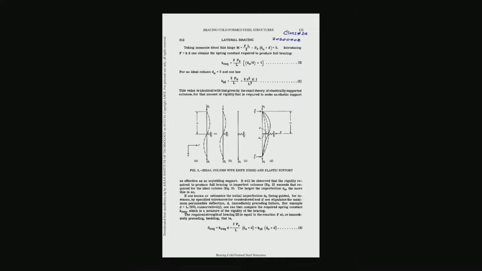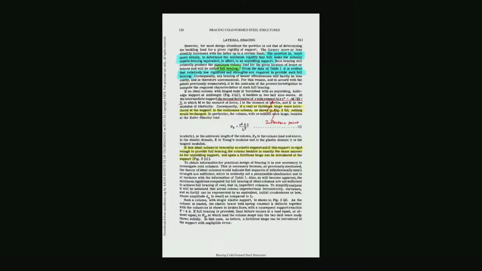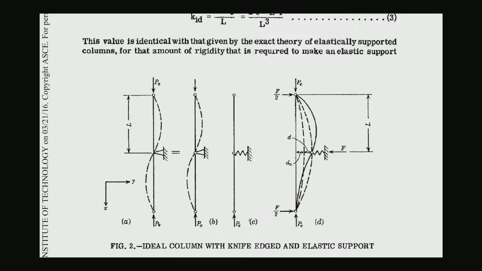Okay, so yesterday we first said that we're going to mobilize the capacity such that the buckling is going to occur like this and like this as you introduce the brace. So this is the definition of full bracing. The full bracing is provided and this part buckles and this part also buckles.